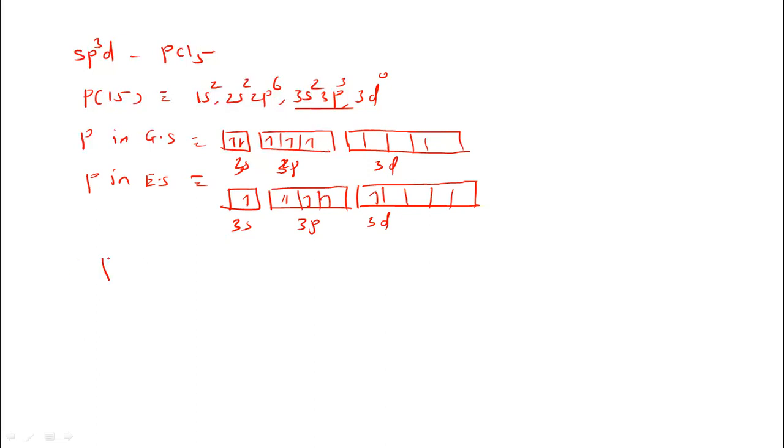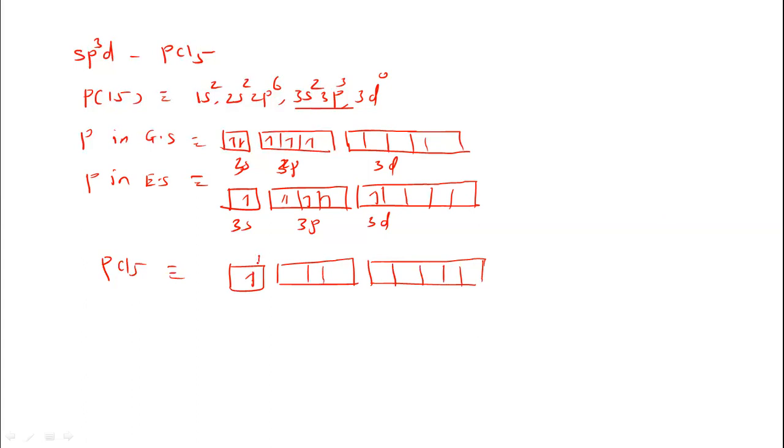So in phosphorus pentachloride, we can show the arrangement now. The unpaired electron present in each orbital is shared with the electron of a chlorine atom.